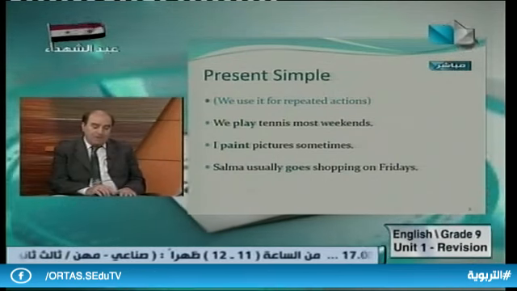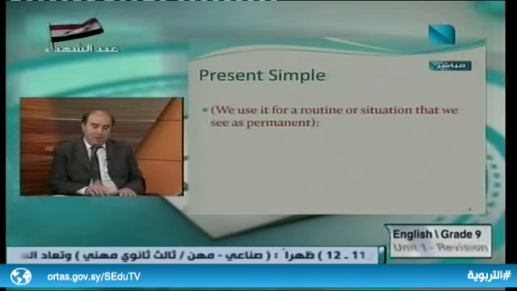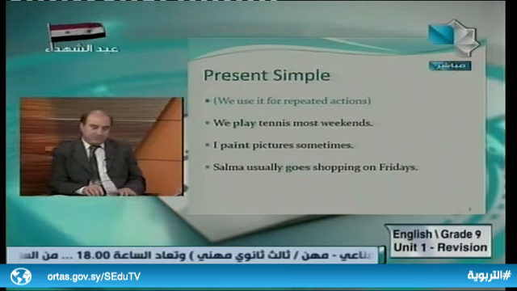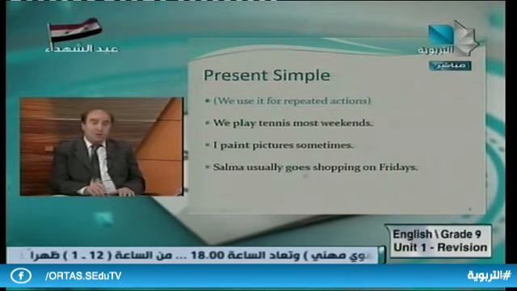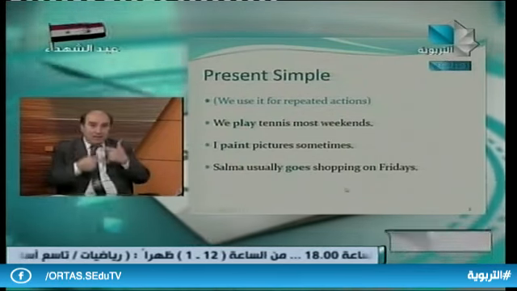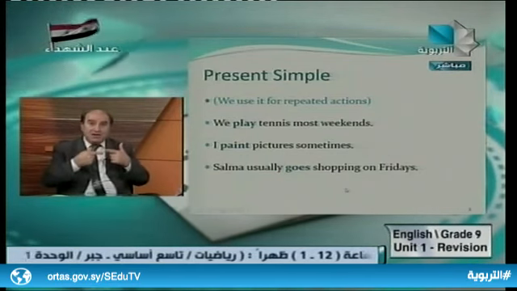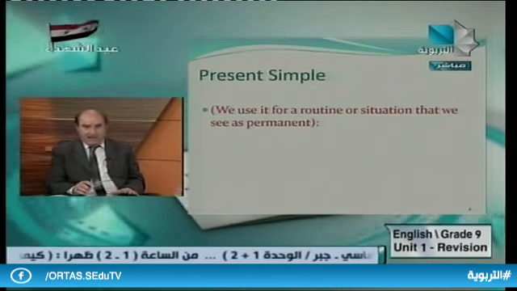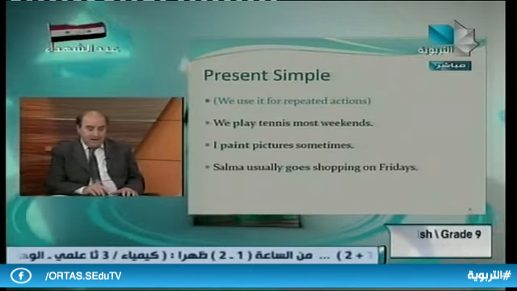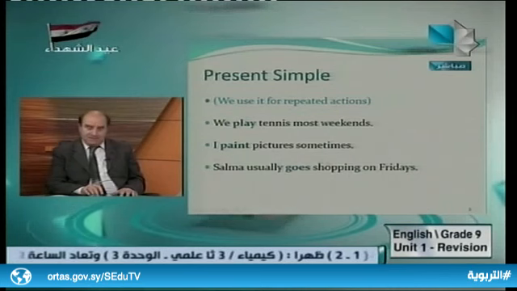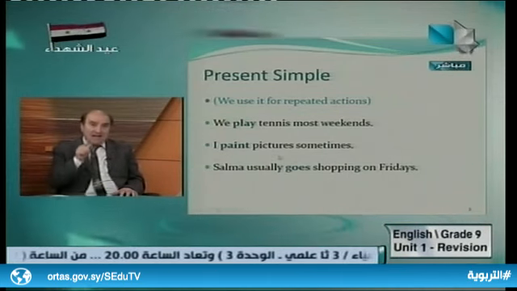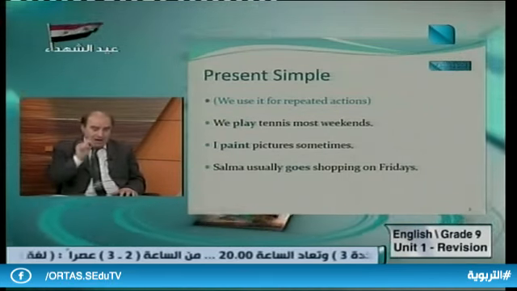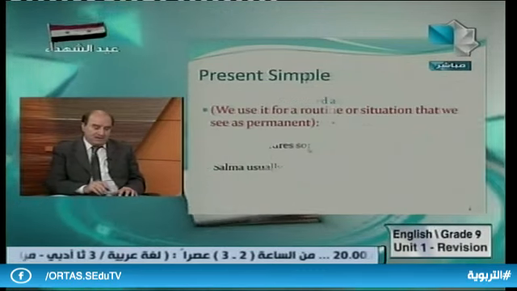Here we have, we play tennis most weekends. So when we talk about most weekends, it means that we have a repeated action. The action of playing tennis is most weekends. I paint pictures sometimes. The word sometimes is an indicator, a key to simple present.